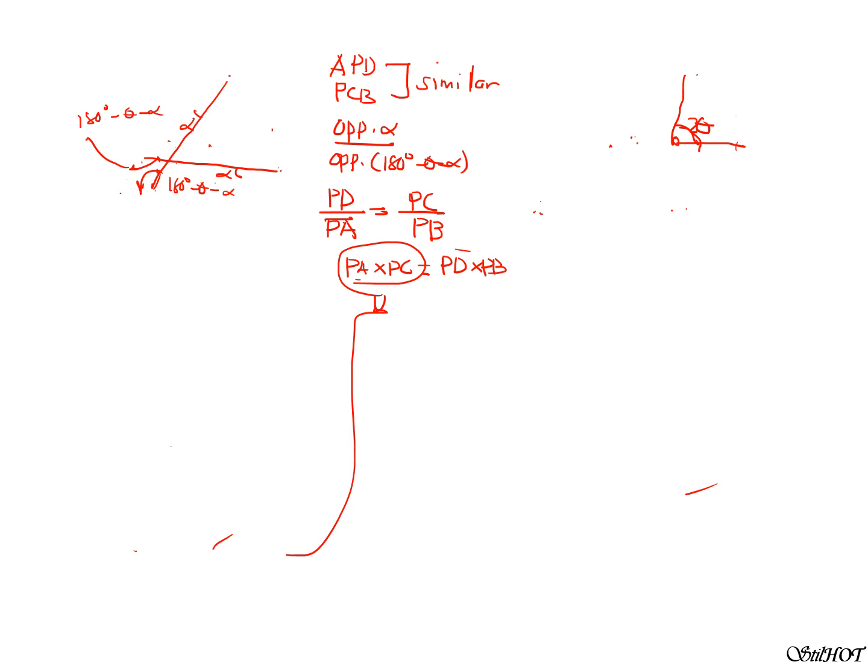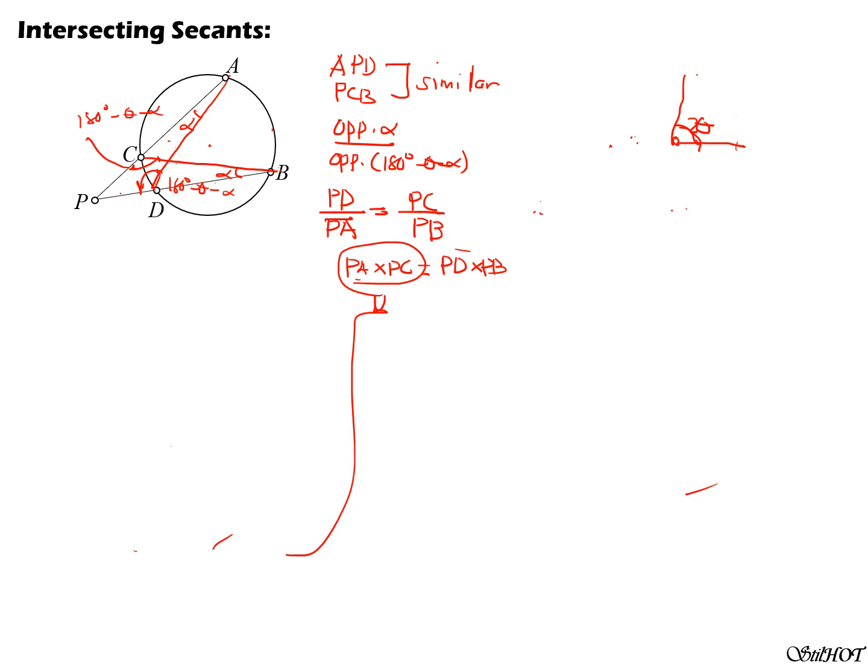We then have intersecting secants here. So we call PA and PB secants. Those are secant lines. This time, the angle between secants is theta. Let's derive the value of theta and some properties here.